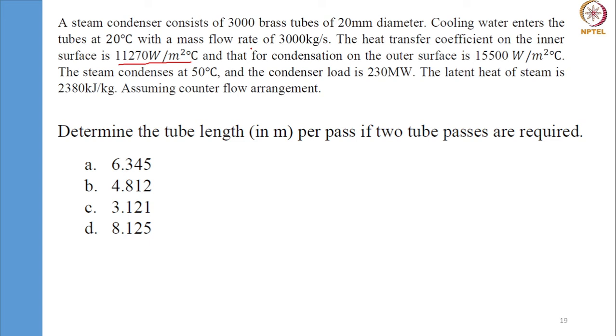It is not different from what we did in the previous two problems, just that we now need to calculate the overall heat transfer coefficient. So can you first find out the overall heat transfer coefficient? You can take 1 by UA as 1 by HIAI plus 1 by HOAO.